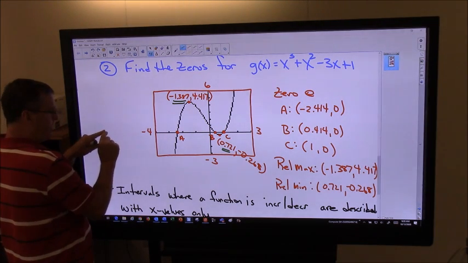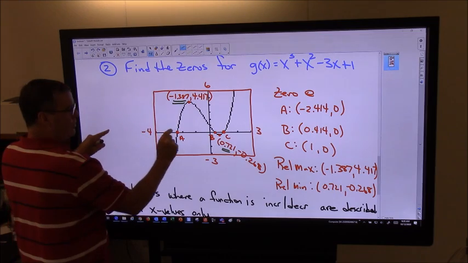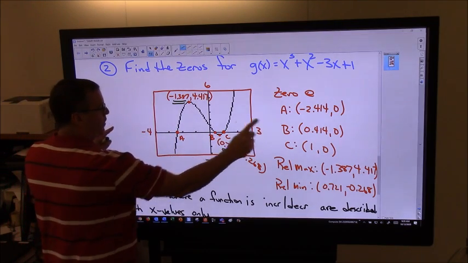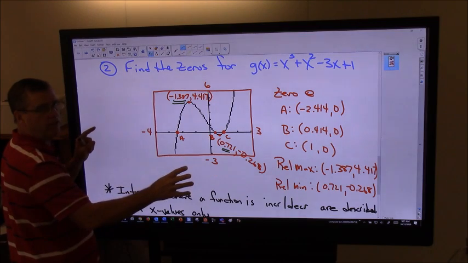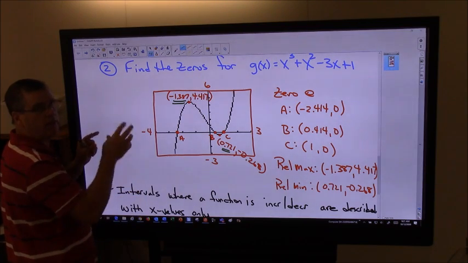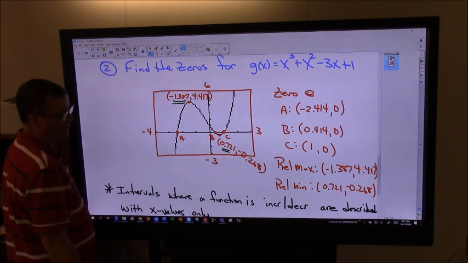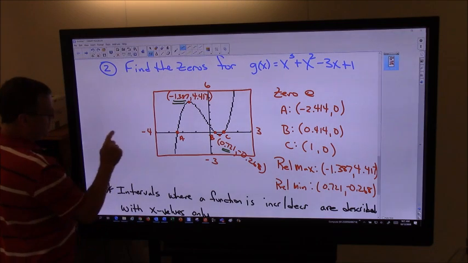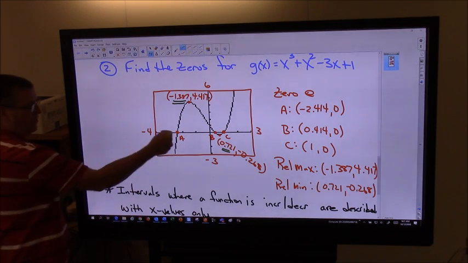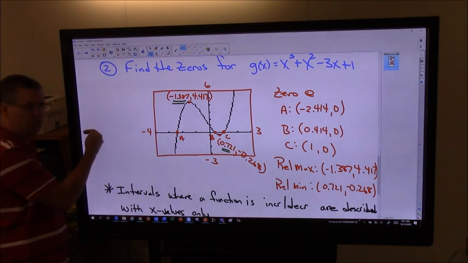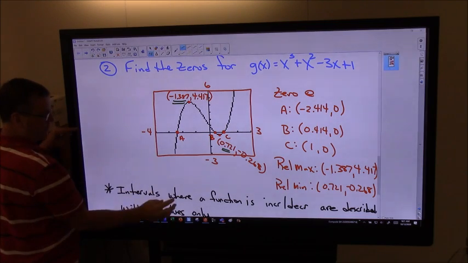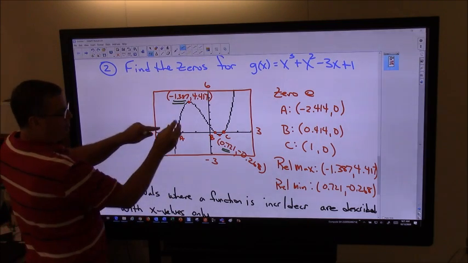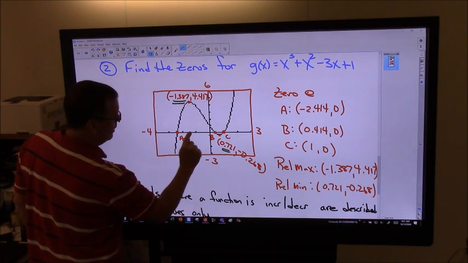And what we're saying is, as we move along the x-axis, where are those y values increasing or decreasing? I don't want to know what the y values are, I just want to know where is that happening in relation to x. Okay? So if I started way out here on the x-axis, let's say I go all the way out to negative infinity, as I'm coming back, my y values are going up, up, up. They're still going up until I get to about right here.